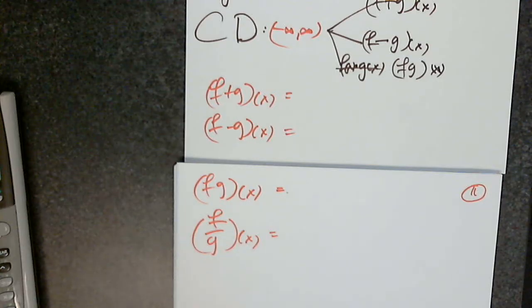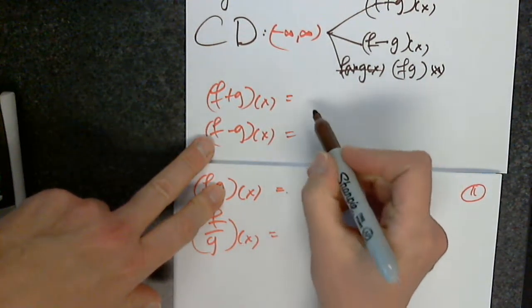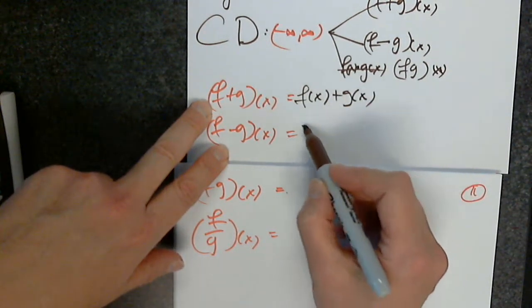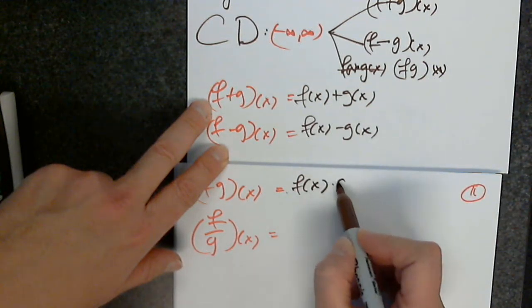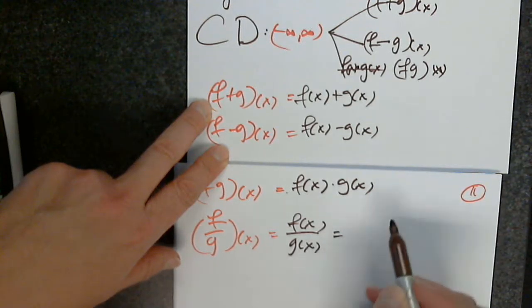And please write the definition. Can anyone dictate the definition of this first? Yes, please, write that first. Write f of x minus g of x for the second and for the third and for the fourth. So you don't make a mistake when you replace them.